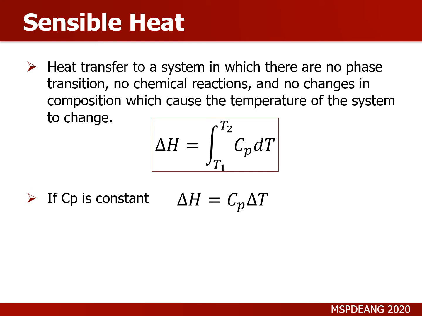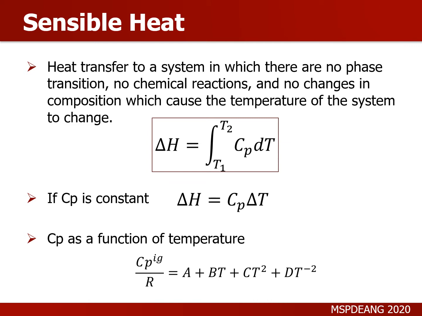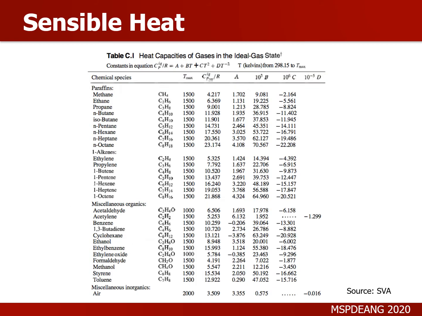However, if you recall from your ChemE 102, Cp may also be a function of temperature. So Cp^ig over R can be a linear polynomial function, which is tabulated in SVA. Also, you can refer to SVA Appendix C, Table C.1, for the heat capacities of gases in the ideal gas state.